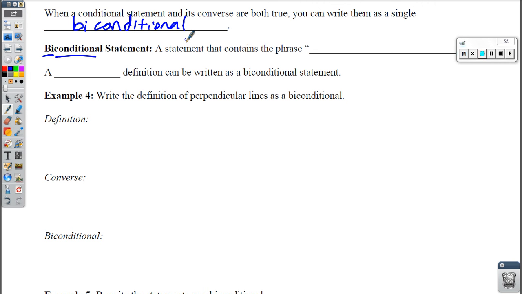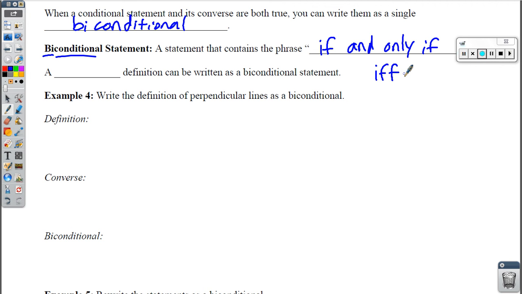Okay, so a biconditional is a statement that uses the phrase if and only if. This is how we're going to indicate that it goes both ways. If and only if is often abbreviated IFF, so just if with two F's.